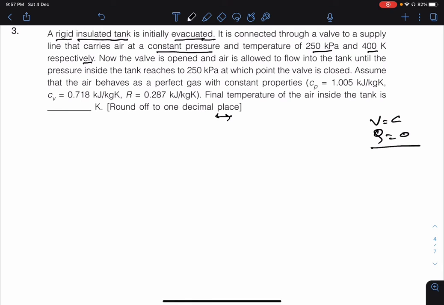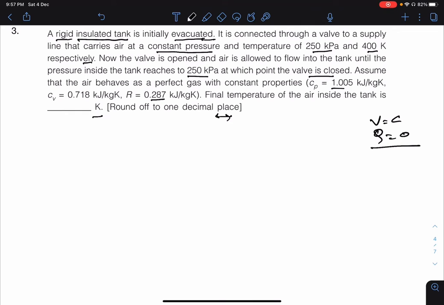Now the valve is opened and air is allowed to flow into the tank until the pressure inside the tank reaches 250 kilopascal, at which point the valve is closed. Assuming the air behaves as a perfect gas with constant properties Cp, Cv, R, the final temperature of the air inside the tank is.